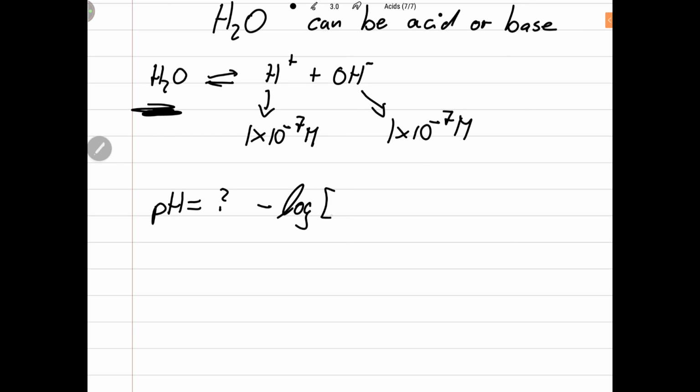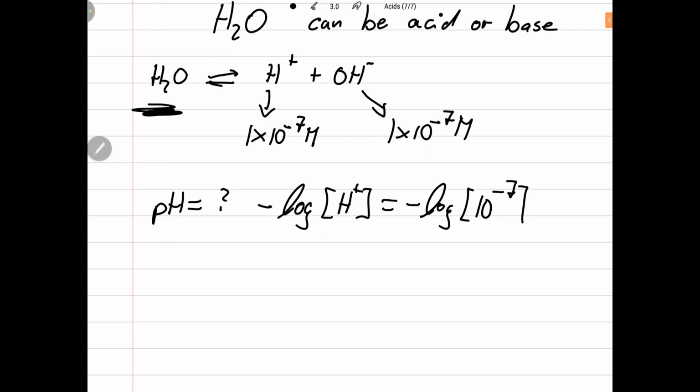Minus log of protons, minus log of 10 to the minus 7. So the pH of water equals 7. What's the pOH? 7. Okay? And if you add them together, what does it give you? Ha! 14. A miracle has happened. Make sense?